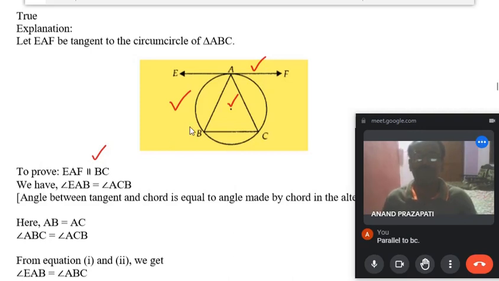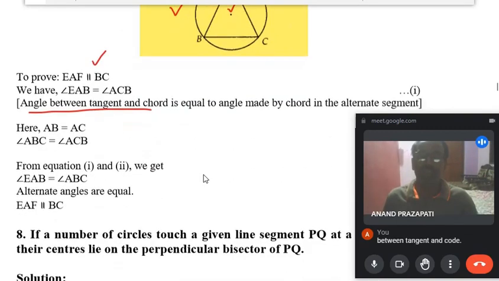We have angle EAB, this angle, equal to angle ACB. The angle between a tangent and a chord is equal to the angle made by the chord in the alternate segment. Hope there is no problem understanding this statement.